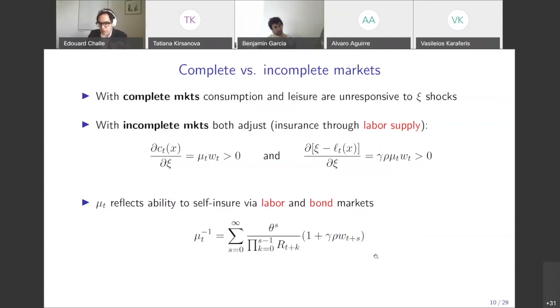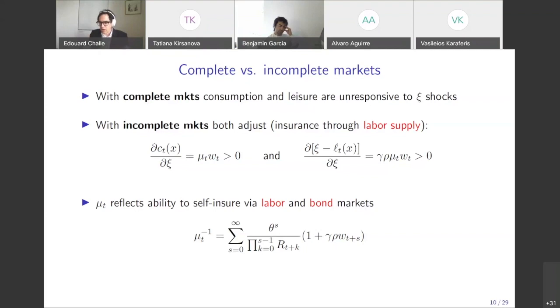This is reflected in mu, and this is going to be key in our analysis because I'm going to show you that one of the margins by which monetary policy affects inequality is by affecting the ease with which agents can self-insure. So we're not talking about an economy where monetary or fiscal policy would directly insure agents.